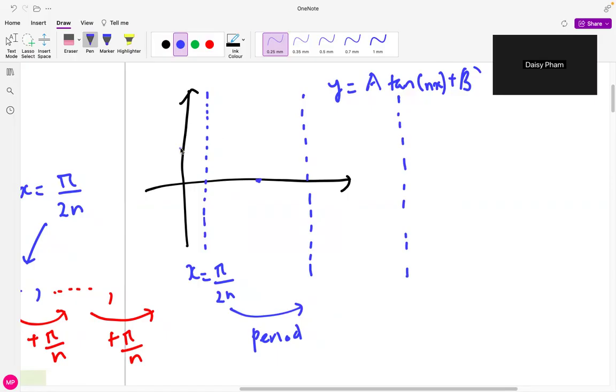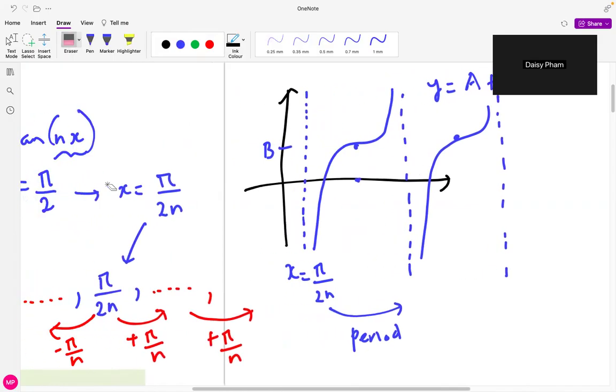So you move up by b here, and then your tan graph will look like this now. And the a is the dilation factor. The a doesn't affect the asymptotes, but it affects how thick, how thin or how wide your shape is.